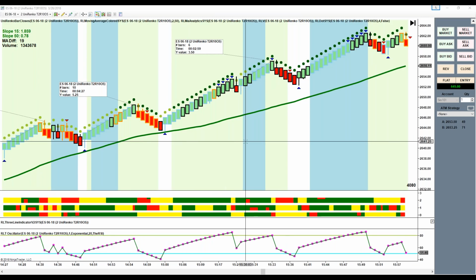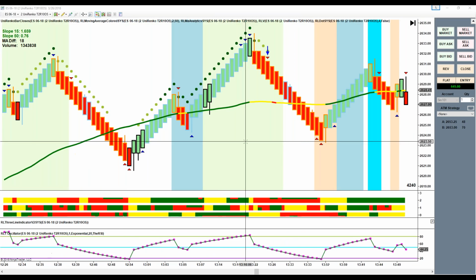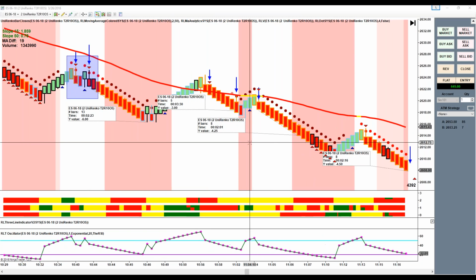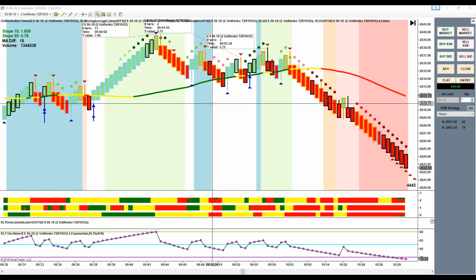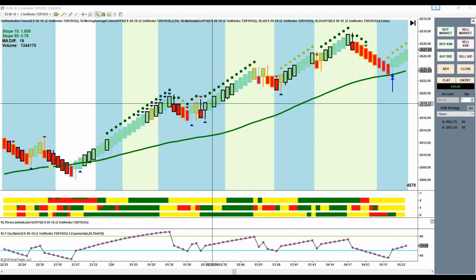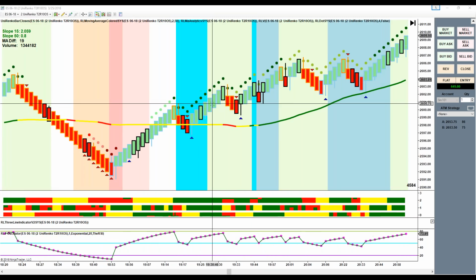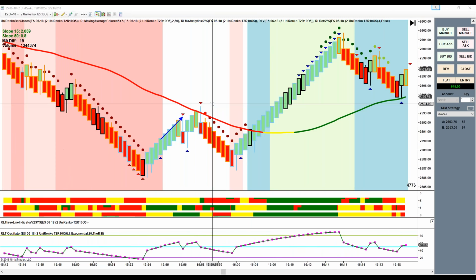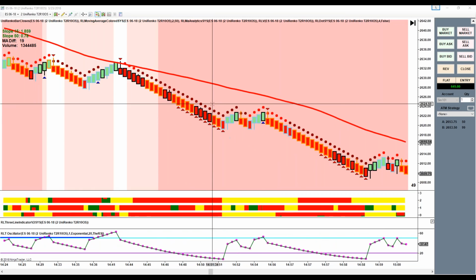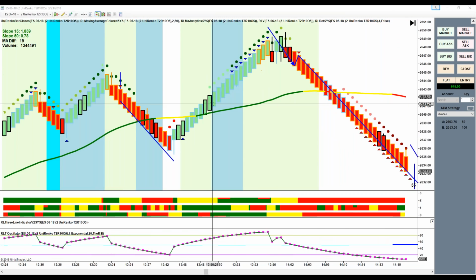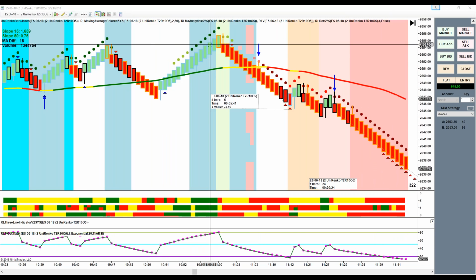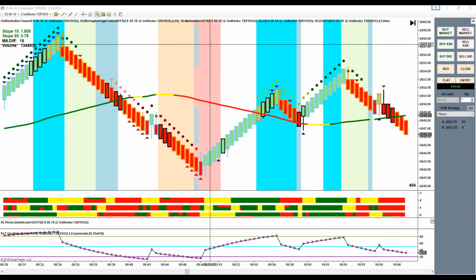And if you adhere to them, you're not going to get a trade in chop because the three line will not be in your favor. The intermediate quant will not be in your favor. There'll be a dot against you. Something is going to hold you up from taking that lousy trade. And that's what's really important. So although they stop you from taking some winners, they really, really do stop you from taking a lot of losers.